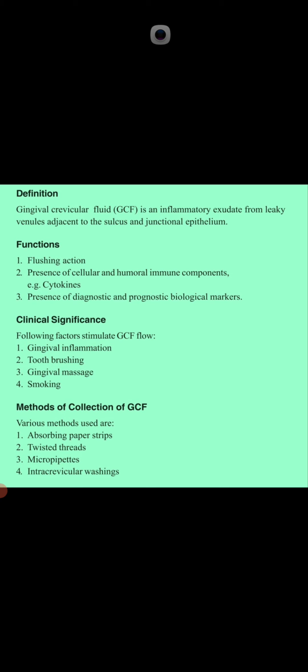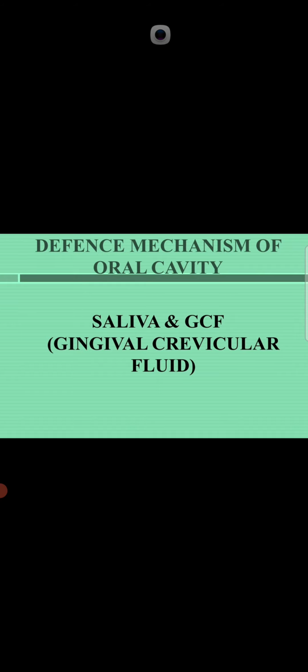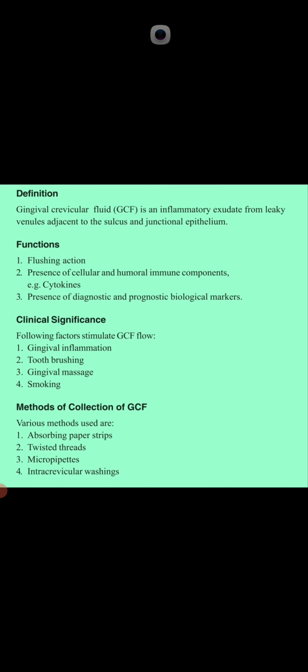After the definition, we come to the functions. There are three functions of GCF. Number one is the flushing or cleaning action; it removes substances from the gingival sulcus to clean it. Second, cellular and humoral immune components are present in the gingival crevicular fluid, for example cytokines, therefore it acts as a defense mechanism of the gingiva or oral cavity.